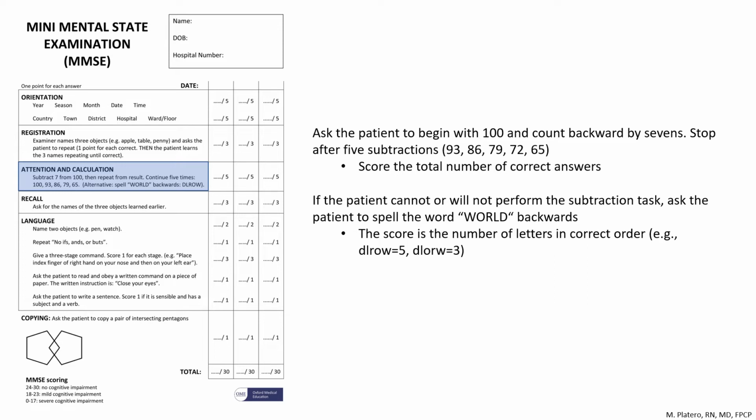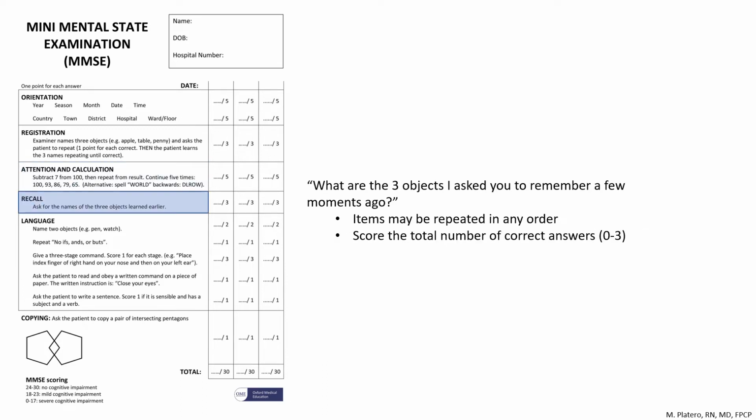The score is the number of letters in correct order. For recall, you may ask this to your patient: what are the 3 objects I asked you to remember a few moments ago? Items may be repeated in any order, and score the total number of correct answers from 0 to 3.